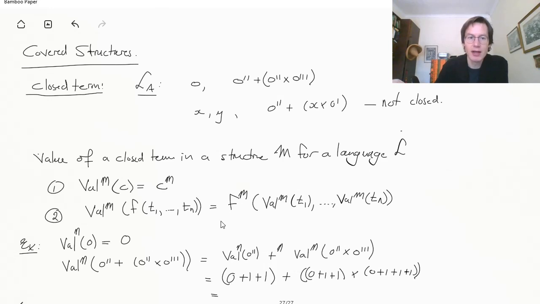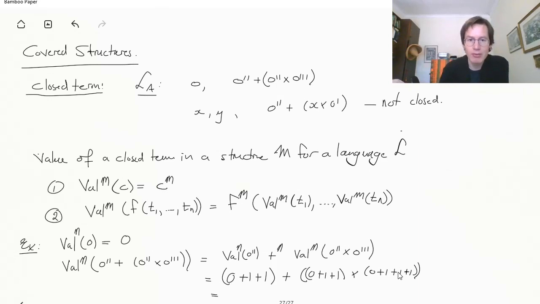But strictly speaking, I would need to apply clause 2 here to each of these primes and then fall back on clause 1 to determine the value of this little symbol over here as the integer 0. Similarly here, I've used the inductive clause 2 to turn this into the multiplication of natural numbers, and then I applied the inductive clause to unpack that again. So one can really write this out line for line, but this is what you will end up with.